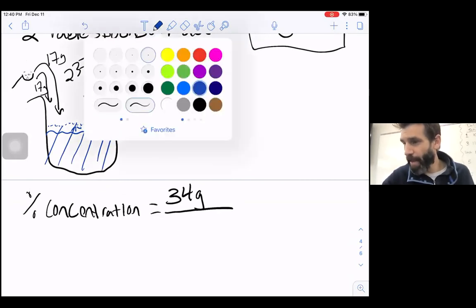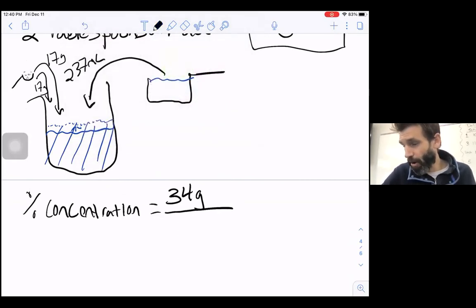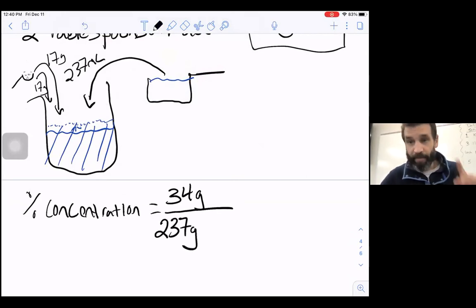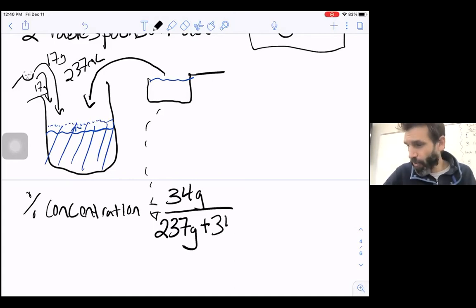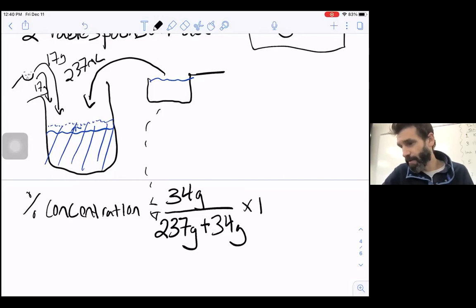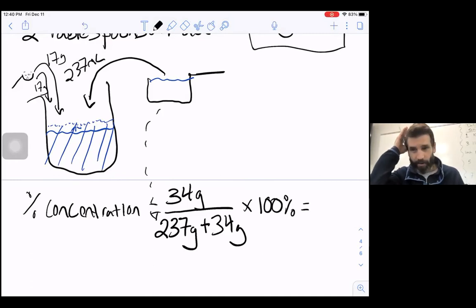And that total mass is the original 237 grams from the cup of water, right? That comes from this cup of water, plus the 34 grams from the salt, times 100%. So this is not how I would do this in the lab, but it's how we do it in the kitchen, right?